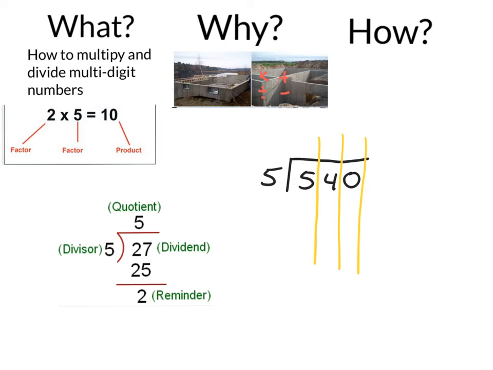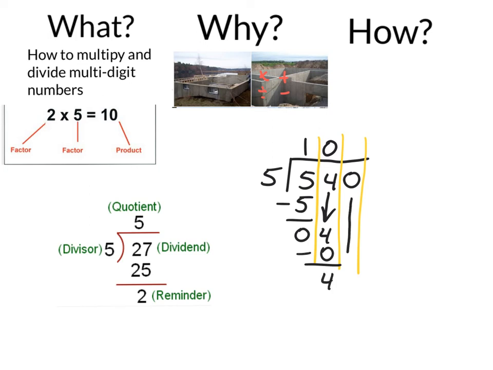So let's do this problem. So we say 5, how many times does 5 go into 5? Well, 5 goes into 5 one time. See how I go directly under it? 5 minus 5 is 0. Bring down the 4. 5 goes into 4 0 times. 5 times 0 is 0. 4 minus 0 is 4.